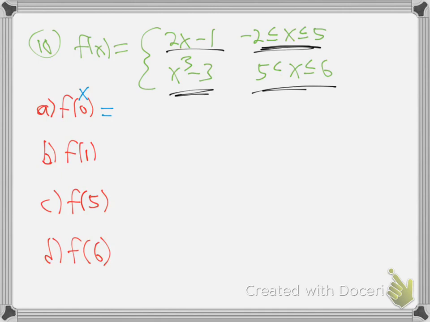So if x is 0, which function am I plugging into, the top one or the bottom one? The top one, because 0 is a number between -2 and 5. 0 is not a number between 5 and 6. So I'm not using the bottom one, I'm using the top one. So plug into 2x minus 1, plug in your 0. Was that -1? Yeah. Good so far?